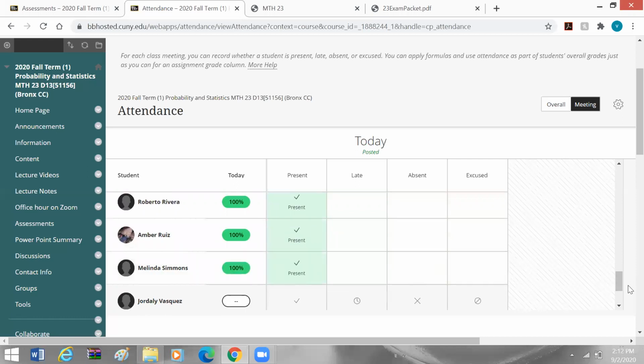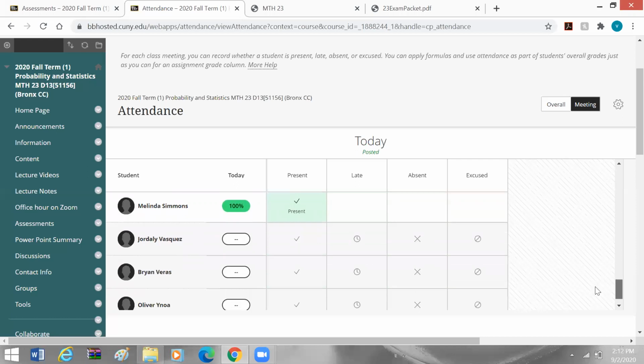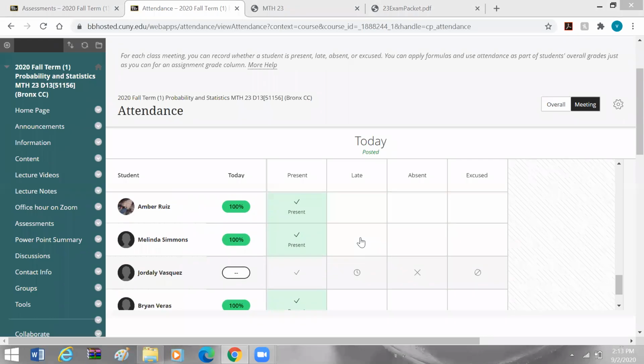Okay. We have two Brians here. Oliver. Here. Okay, and Judao. Okay. All right, so that's pretty much it, and we've finished it.